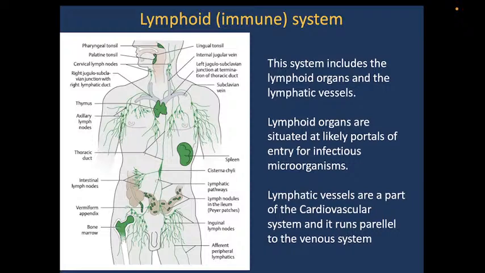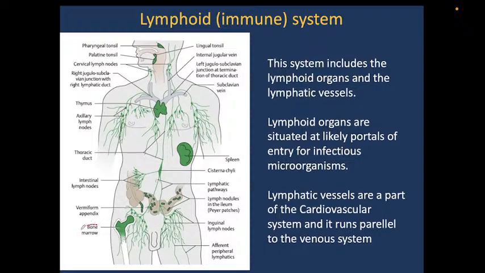Here you see different organs which are parts of the lymphoid system. As you see, the lymphoid organs are situated at likely portals of entry for infections and for microorganisms. Some of the organs are located inside of bones.